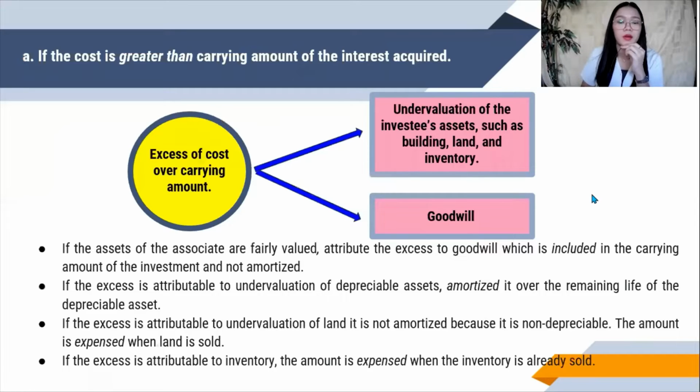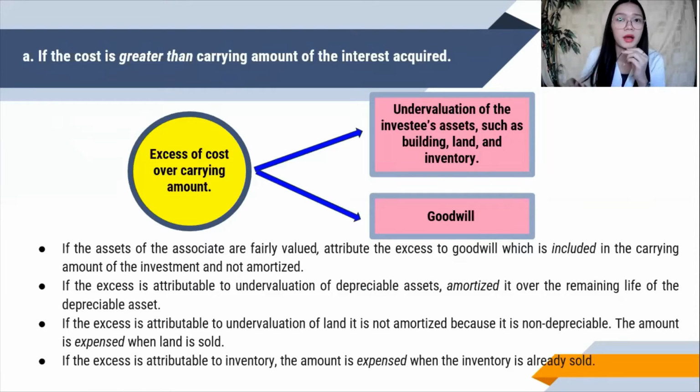So we won't have a problem if the cost of our investment is equal to the carrying amount of the interest acquired, or our share in the identifiable net assets of the investee. Then when we determined its fair value, it is also equal.